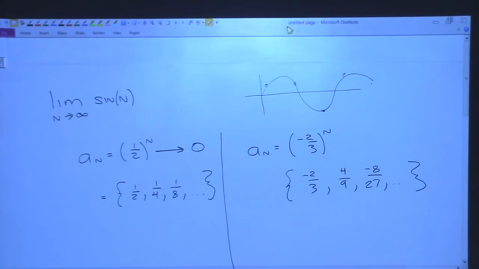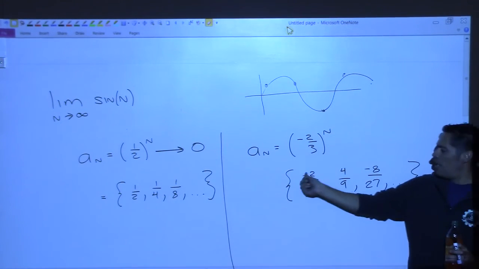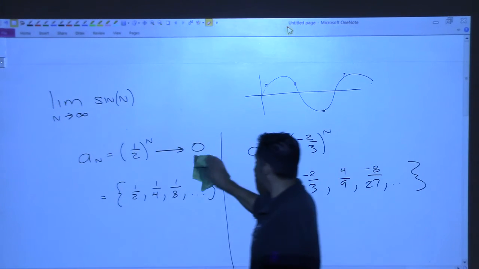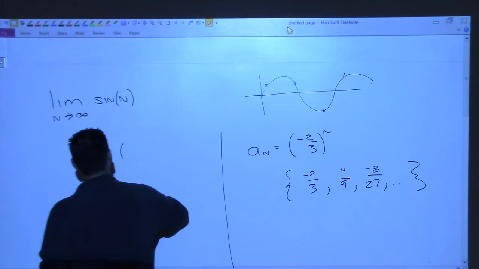If I ignore the signs, these numbers are getting smaller. They're getting closer to 0? I think I agree, but I'm not convinced why. What comes to my head is if you picture just the negatives and just the positives, they're both going like this.